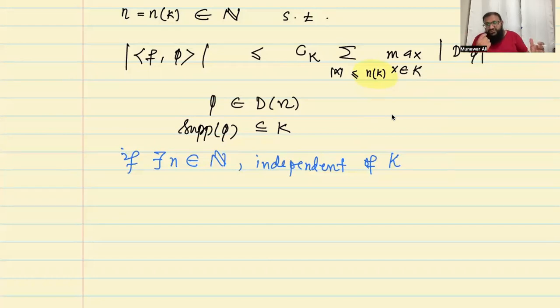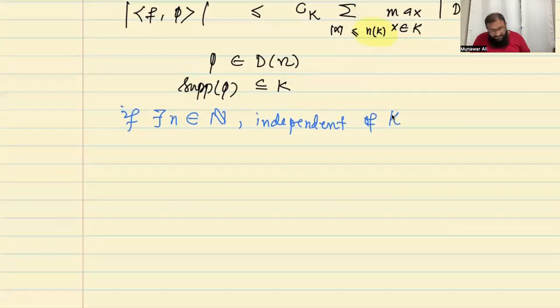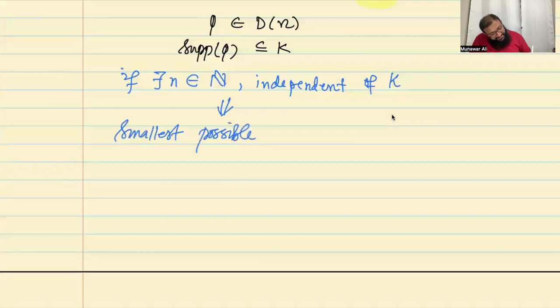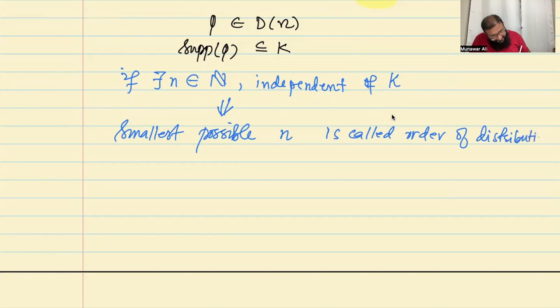Whatever compact sets you have, you should get the same number N. And the smallest possible such N is called the order of the distribution. So such a smallest number N is called the order of distribution. Okay, so let us do a couple of examples related to this.